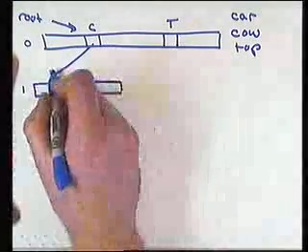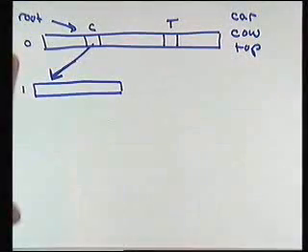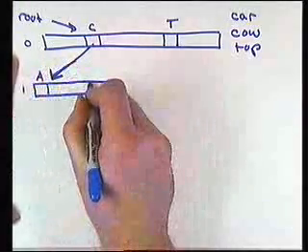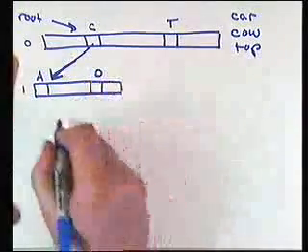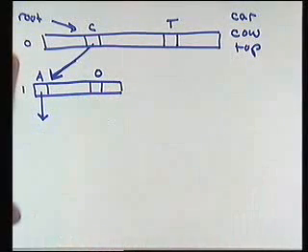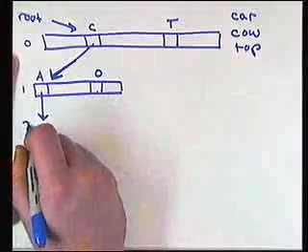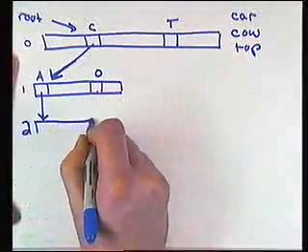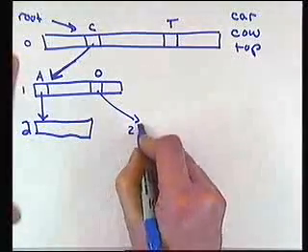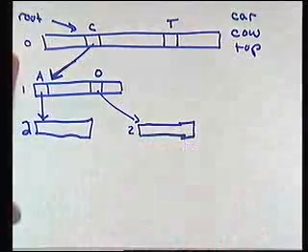And so everything that this pointer points to is the collection of things that start with C. And out of all of those things, some of them start with A, and some of them start with O. And so you'd have here a subtree of things that have C in character 0 and A in character 1, and a subtree of things that have C in character 0 and an O in character 1.